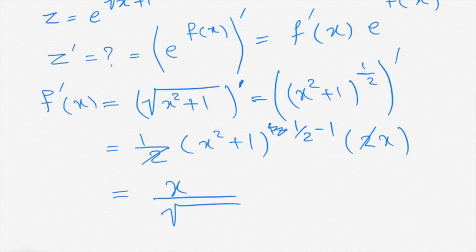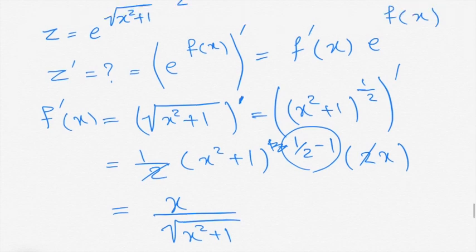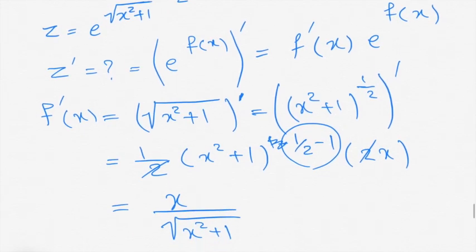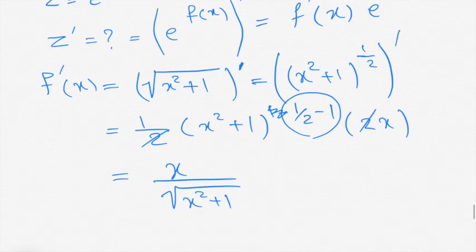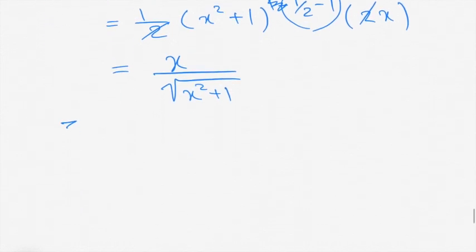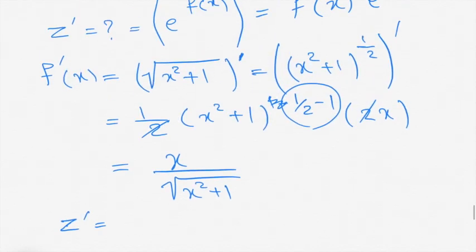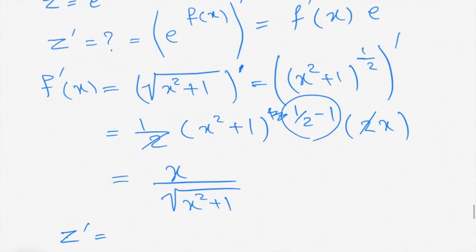x over the square root, because it's going to be minus 1, right, this part, and it's going to be x2 plus 1, but this is just the f prime, right? So we were seeking z prime, and for z prime, let me write it over here.